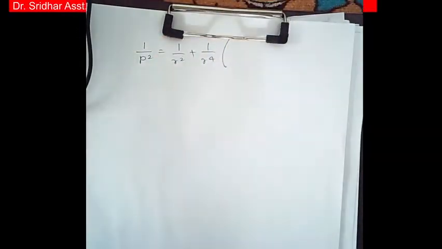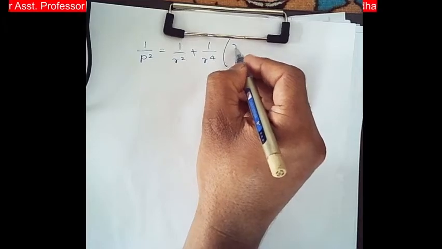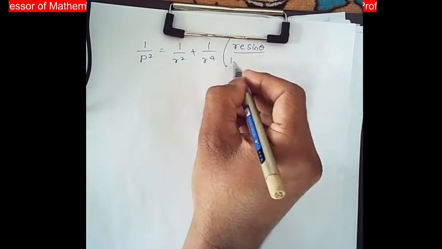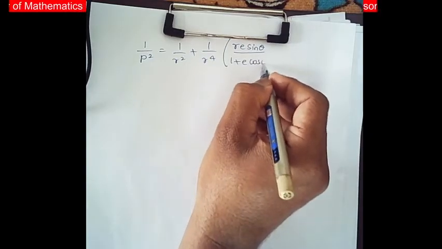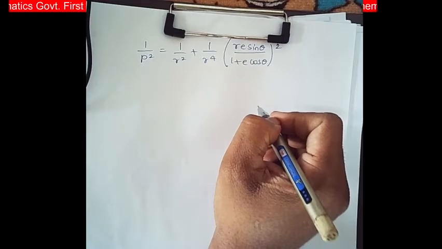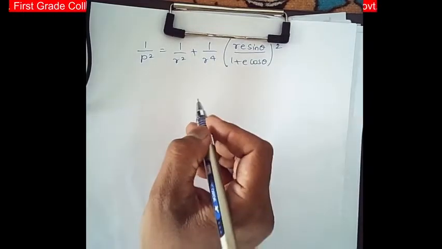So we obtain 1 by r raised to 4 into dr by d theta, which means r e sin theta divided by 1 plus e cos theta whole square. Okay, so now we simplify this.